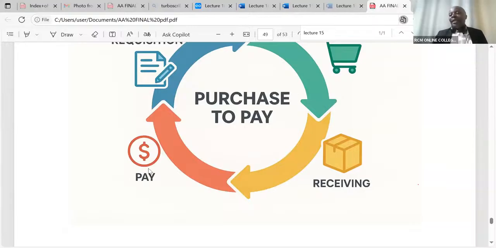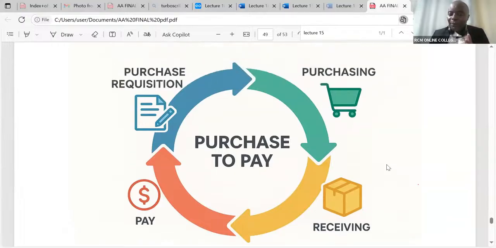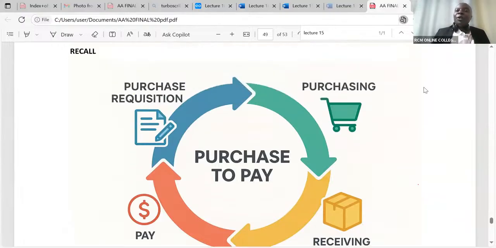Now, please listen. This cycle, you must understand it very well, you as an auditor. If, for example, you are the one in charge of procurement here, then as you raise your PO, you must always have the purchase requisition. So here, 2 documents have been born.